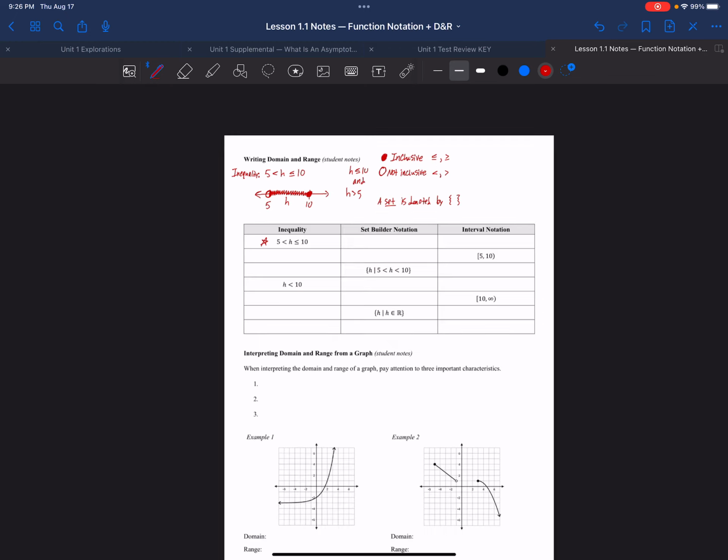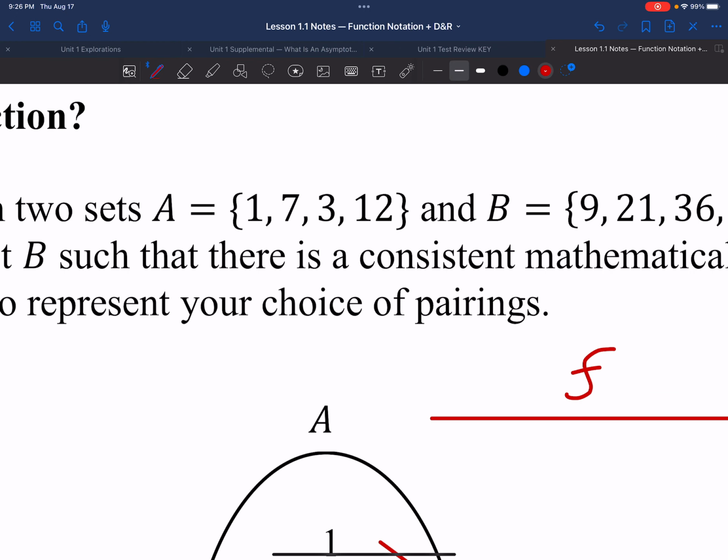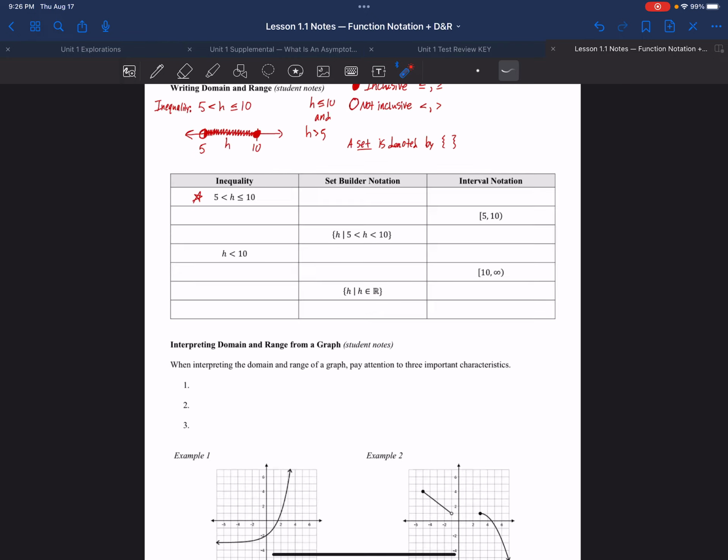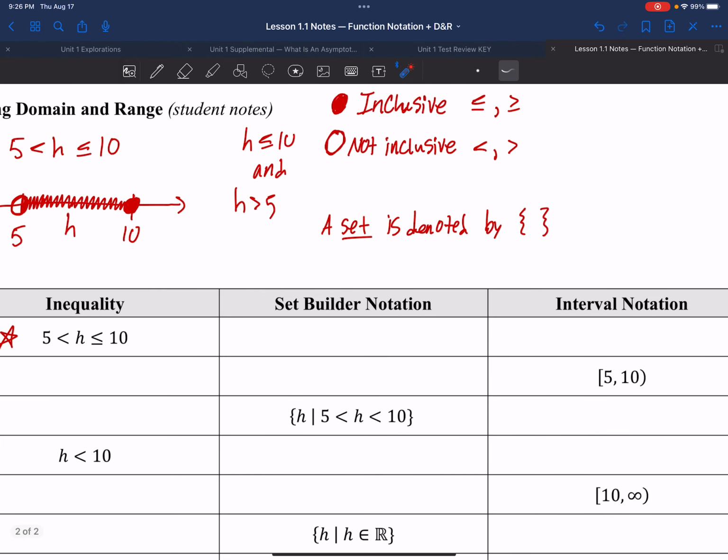Look at this. Remember how I said that earlier? A is a set. See the curly brackets, right? That's a set. It's a collection of items. And so set notation, I use these little curly brackets. So every time you do set builder, you're going to say, here's a curly bracket, here's a curly bracket. Okay? That establishes we're talking about a set.